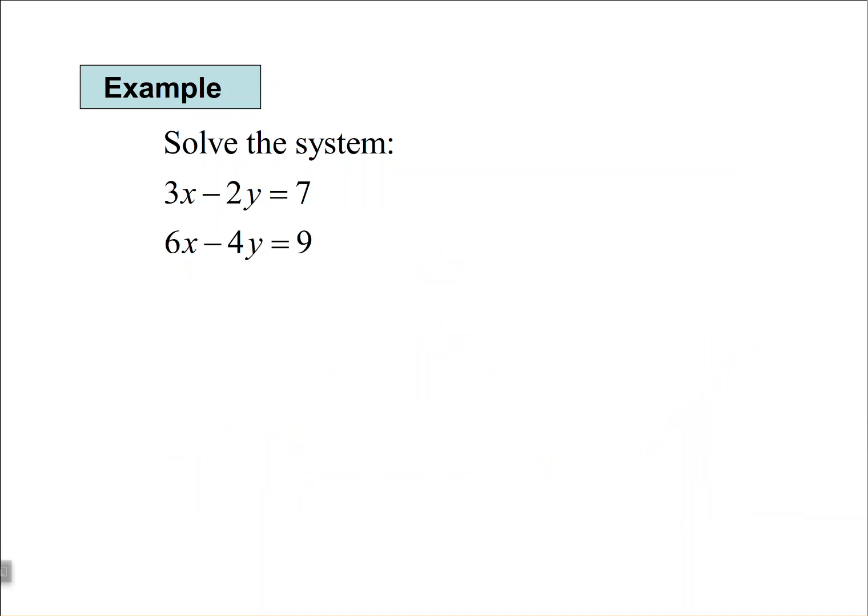Well, the least common multiple for 3 and 6 is 6. My second equation already has positive 6x, so I need to multiply my first equation by a value that would make that 3x into negative 6x. So let's multiply equation 1 by negative 2.